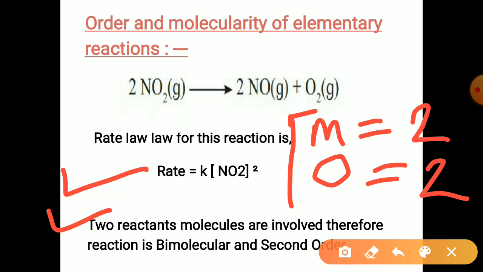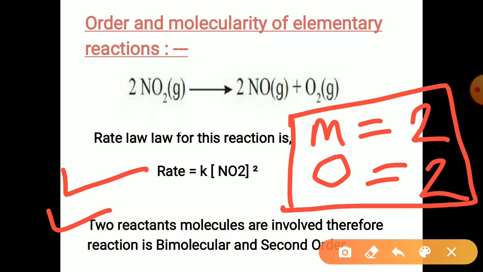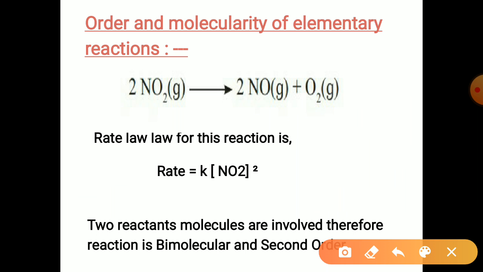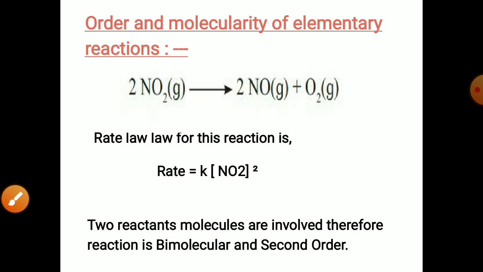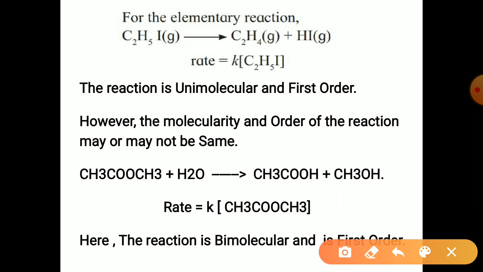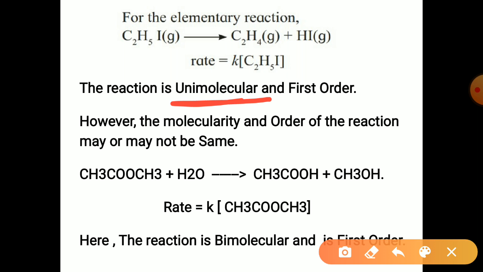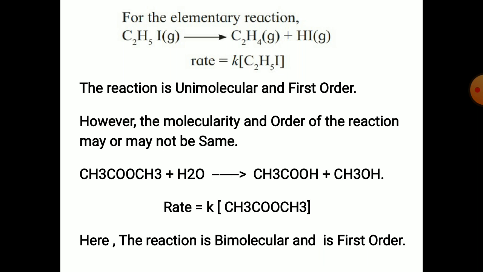By coincidence, here the molecularity and order are the same, but this does not happen always. For this elementary reaction, the rate law is written as rate equals K times concentration, and only one reactant is involved, so the reaction is unimolecular, and it is first order because the power of the concentration term is 1.